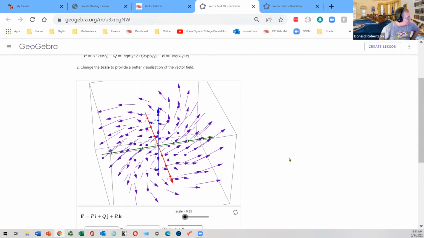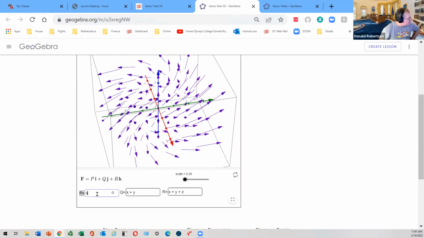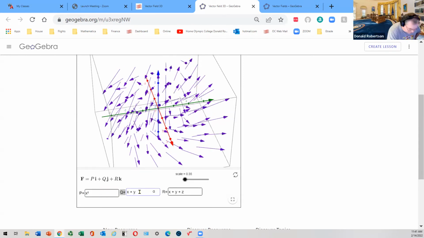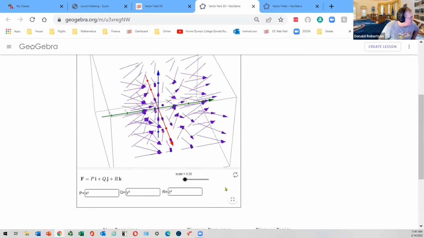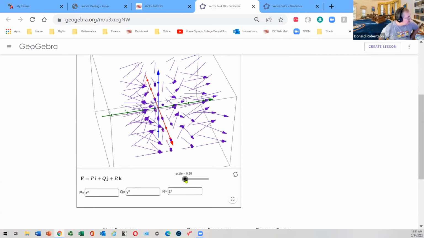Agreed. Now, if you take one of the simplest ones, which is x squared, the x component of the vector is the value of x squared. The y component is y squared, and the z component is, say, z squared. This is quite an interesting one. Now I think I need to shrink these a little bit.